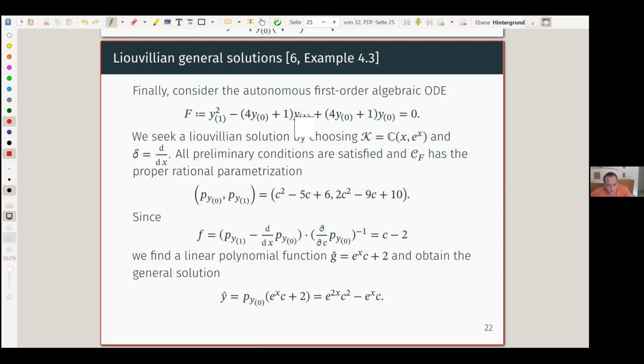But here, for example, you see this is an autonomous differential equation, and the parameterization you get does not contain any exponential functions or stuff like this. This is actually then really needed when finding these linear rational functions. There we have to actually use the whole space of functions when we are looking for solutions.